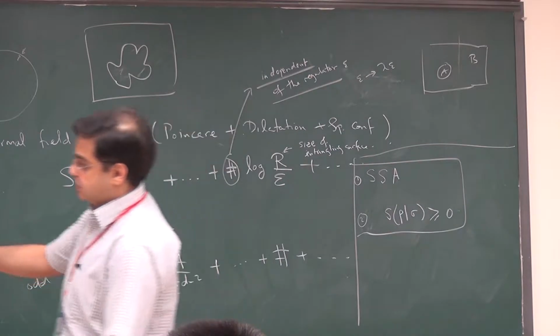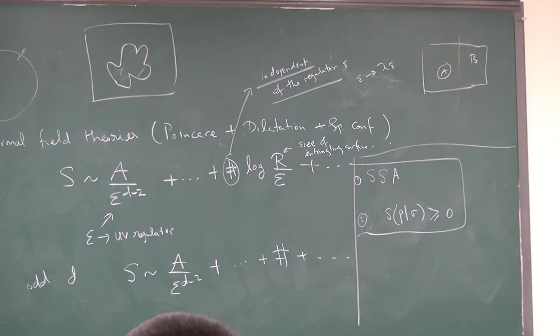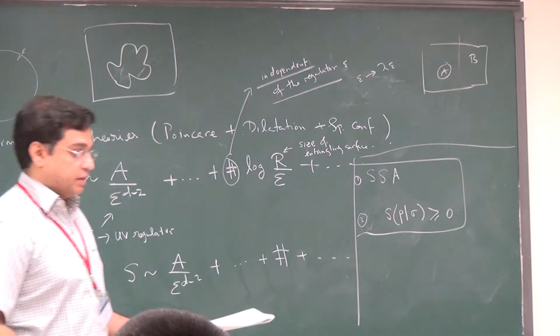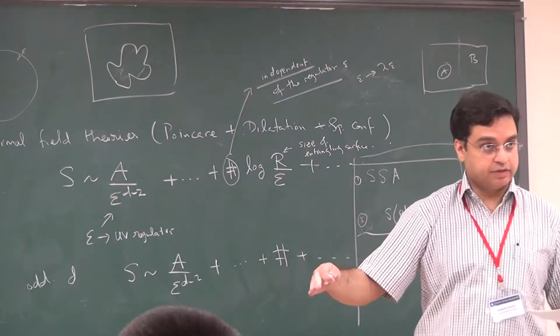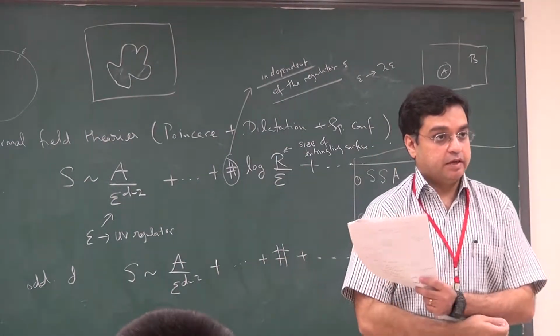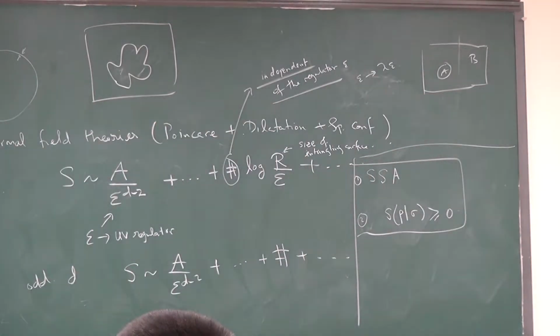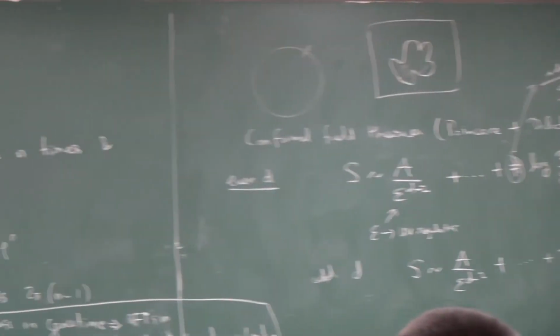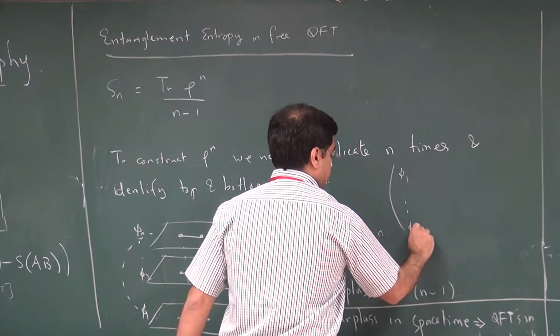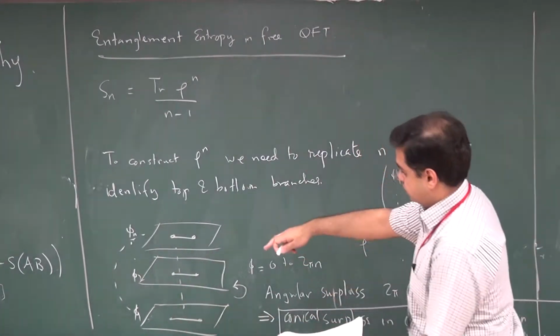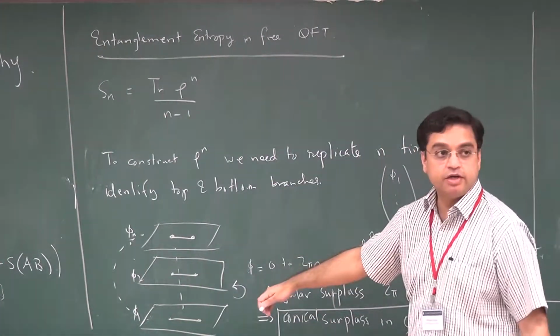So I said that the top part and the bottom part need to be identified, and that for free field theories, if you work in the diagonalized space, so you can think of it as some field that is living on, so this is phi 1, this is phi 2, and so on up to phi n. You can create a vector like that. And then you want to understand what kind of boundary conditions to put in.